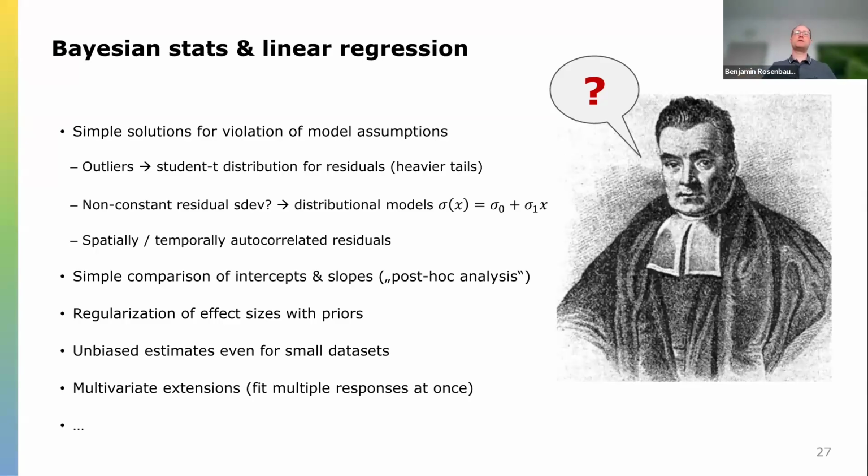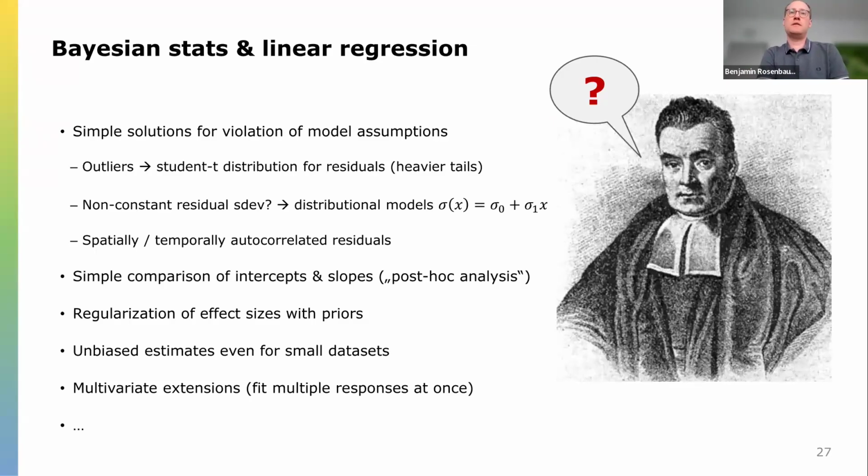Another classical model assumption is constant residual standard deviation, also sometimes called homoscedasticity. And if this is not the case, it is called heteroscedasticity. This also can bias the estimates for intercept and slope or other effect sizes, so you should account for this.